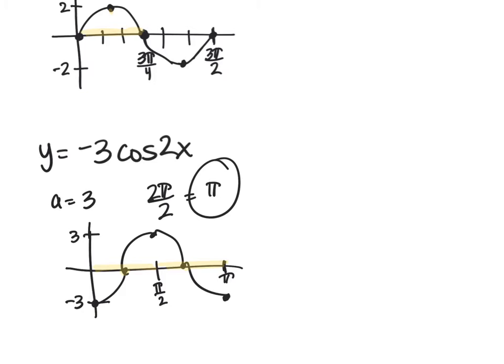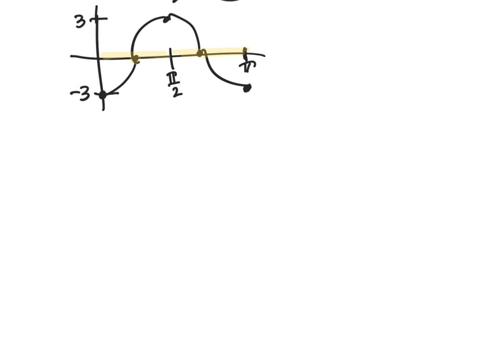All right, so let's look at one that's a little more complicated, one that has all the extra bells and whistles. I know that's the one you're looking for, right? So if we have y equal to 3 cosine of x minus 3 pi over 4, minus 1.